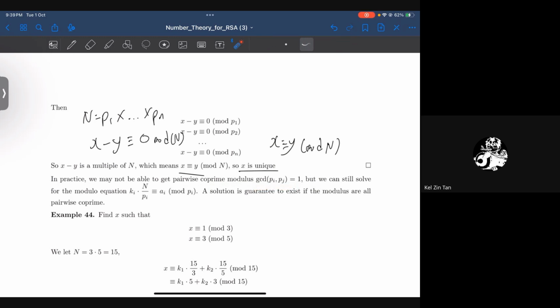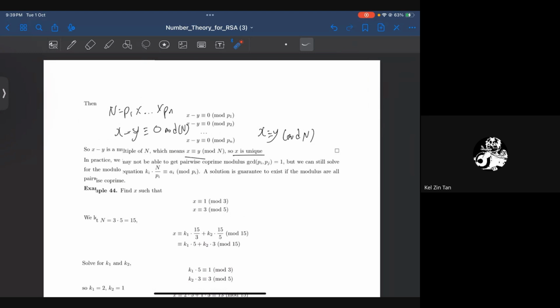But we can always solve this modulo equation as long as this equation holds. And the solution is guaranteed to exist if all the moduli are pairwise co-prime, because this is always invertible in a pairwise co-prime scenario.